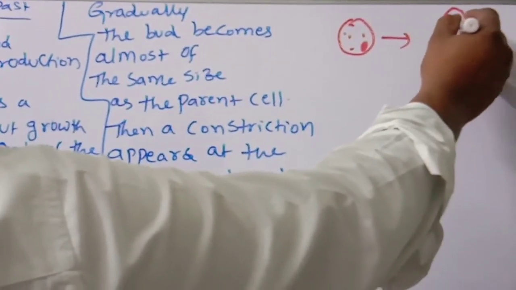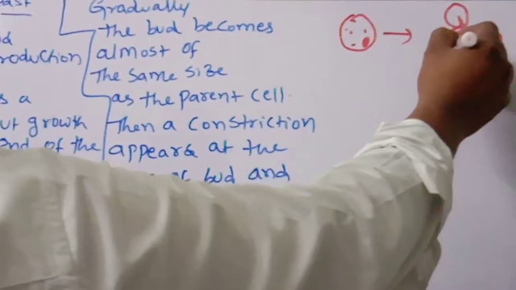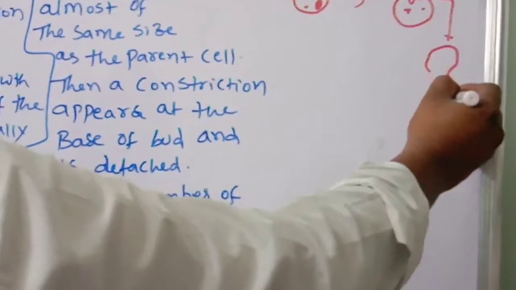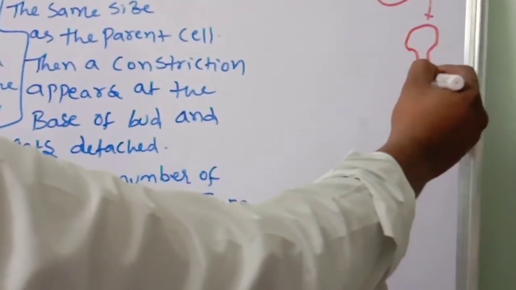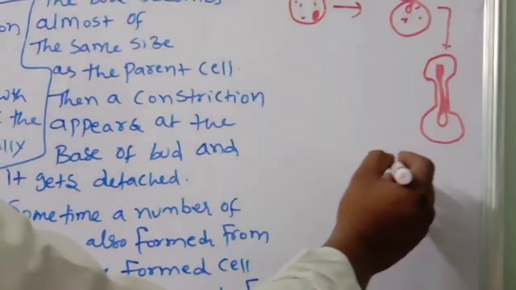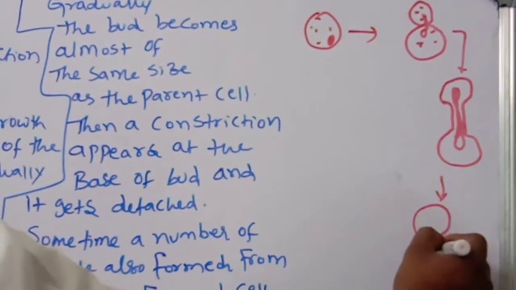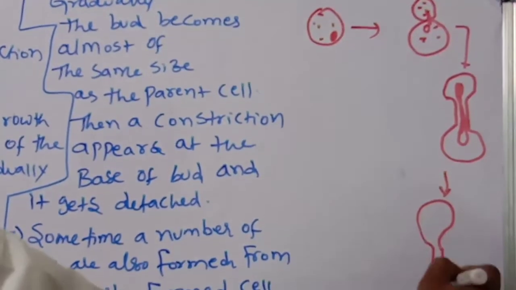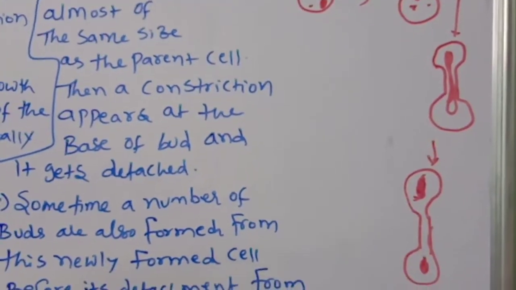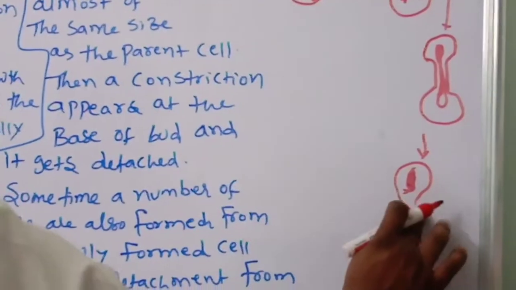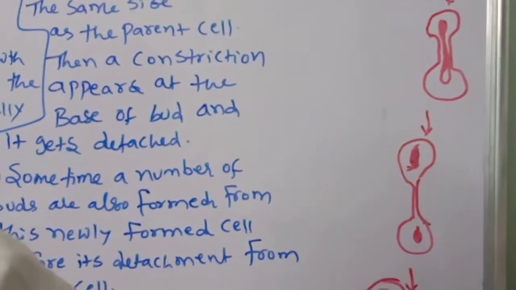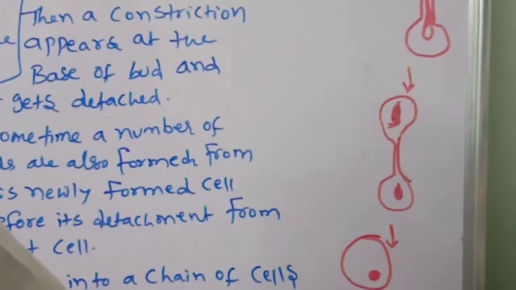The nucleus will be going like this, into the bud. Then the development process goes on a little more. Later the nucleus will be divided here and here into two nuclei. In the third and last stage, one will be like this and another will be like this.